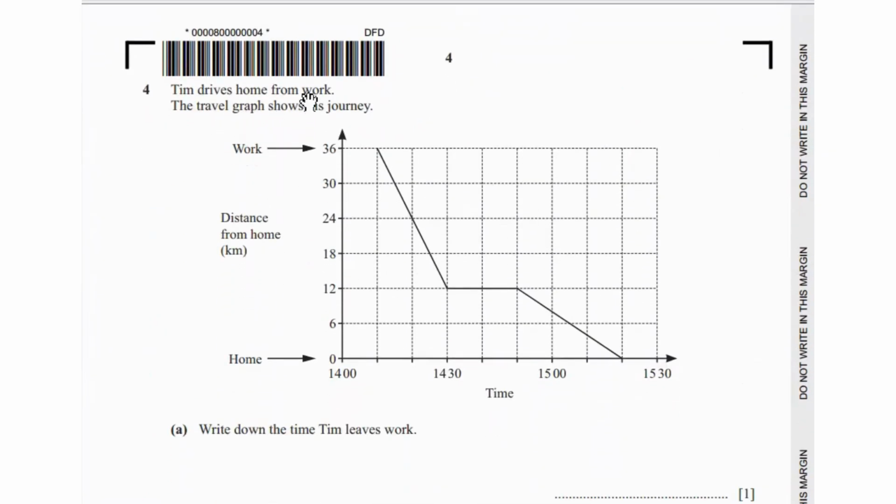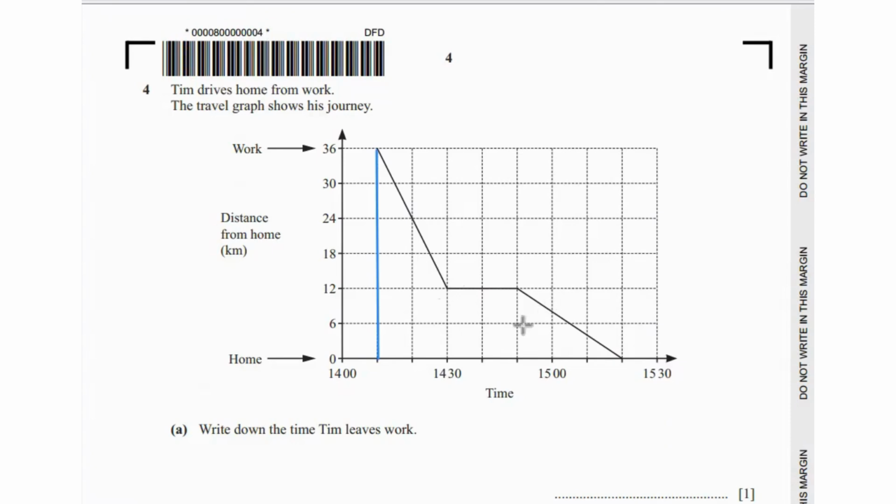Then it says Tim drives home from work. The travel graph shows his journey. Write down the time Tim leaves work. To figure that out, it's going to be this point, because from here onwards the distance towards home is decreasing.